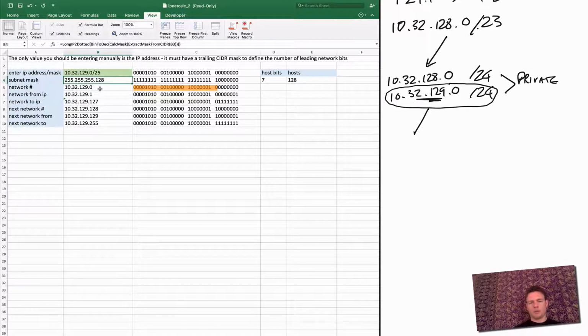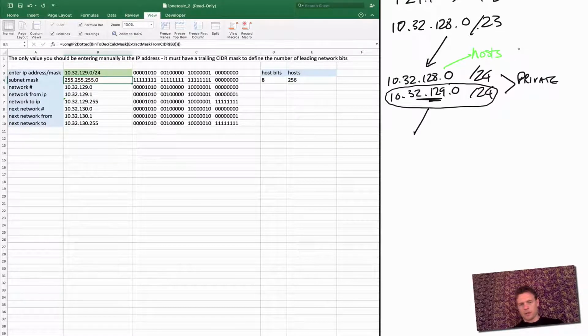Just if you recall, the number of hosts in this network, if we go back to /24, was 255, and the number of hosts in this one was 255, right?